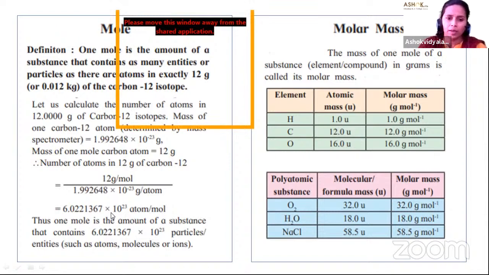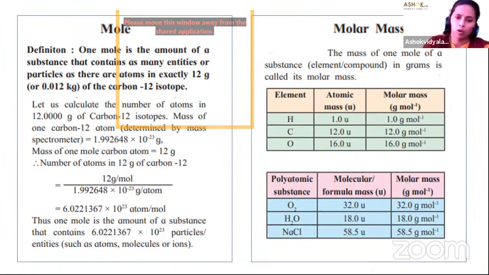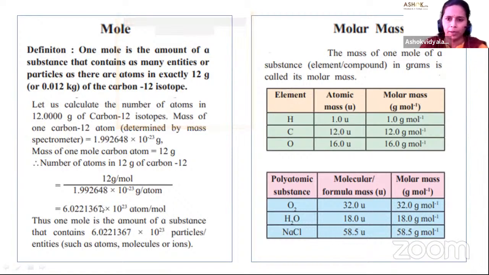This is the Avogadro number. Just as we say 1 dozen is equal to 12, and 1 gross is equal to 144 objects, in the same way 1 mole of any element, whether it is hydrogen, nitrogen or chlorine, is always equal to 6.0221367 into 10 raised to 23. Keep it in mind. It's a standard unit.